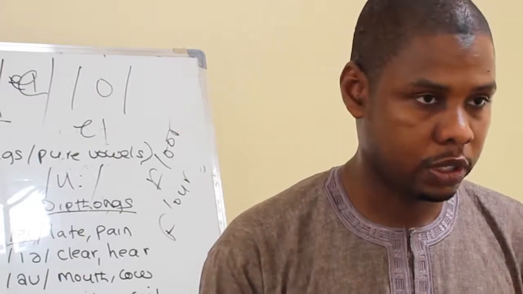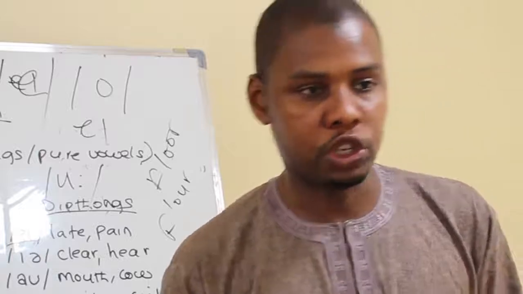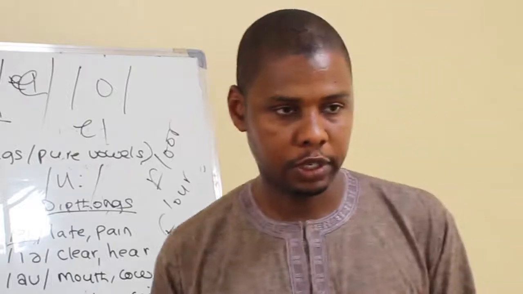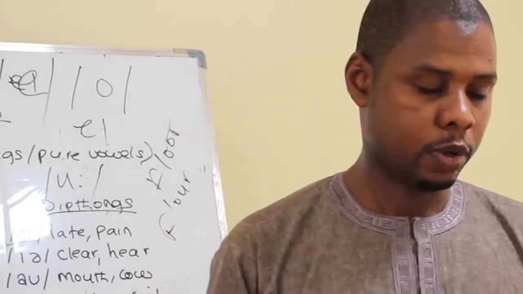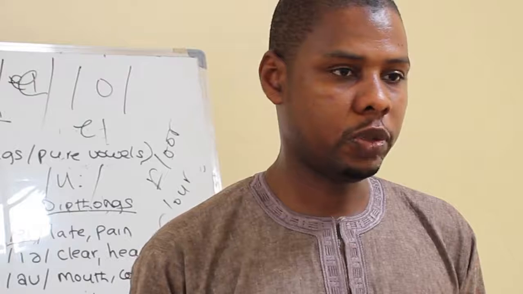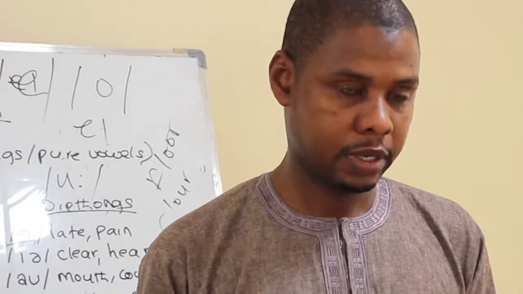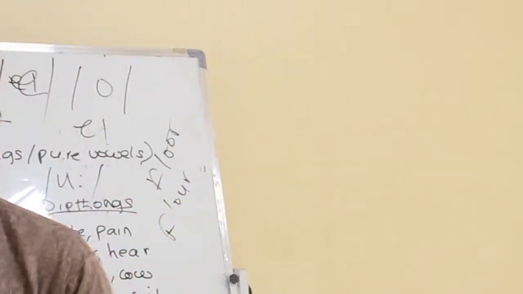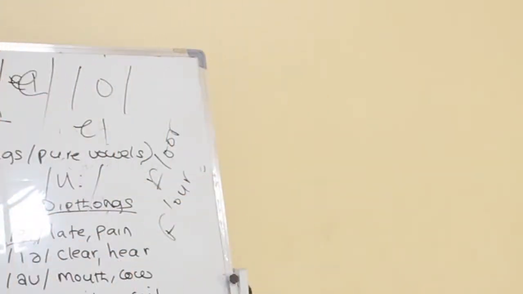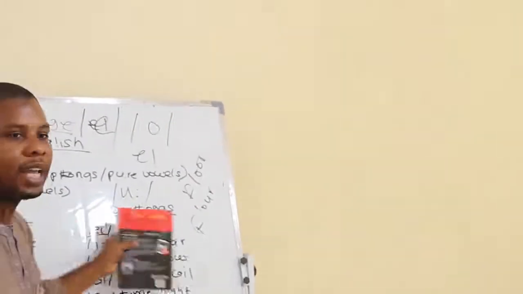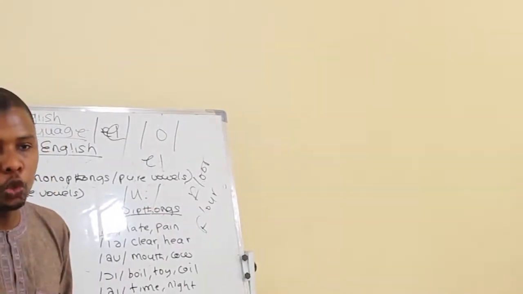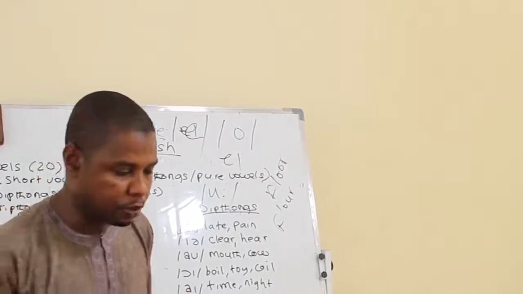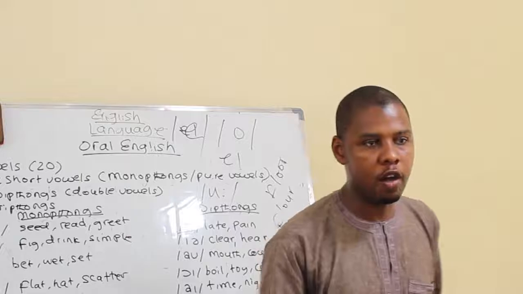Bush, it's bush, not bush. June, correct. The correct answer is June, because that is the only word with the long oo. June. Now, these are examples of vowels.